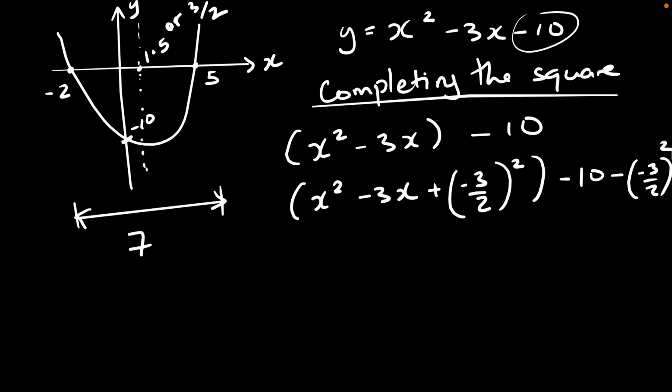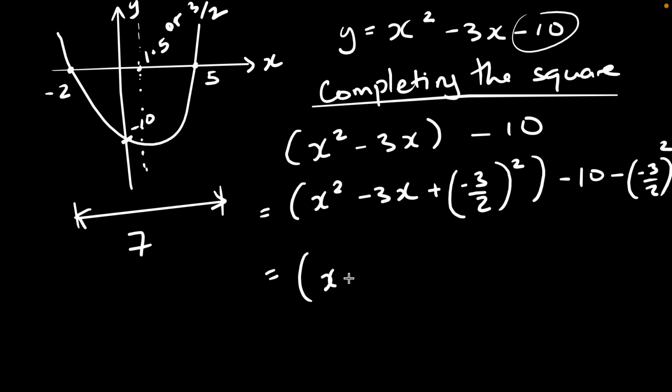And this is going to factor easily because once the last term that is being squared is half the middle coefficient for x, then you have a perfect square.